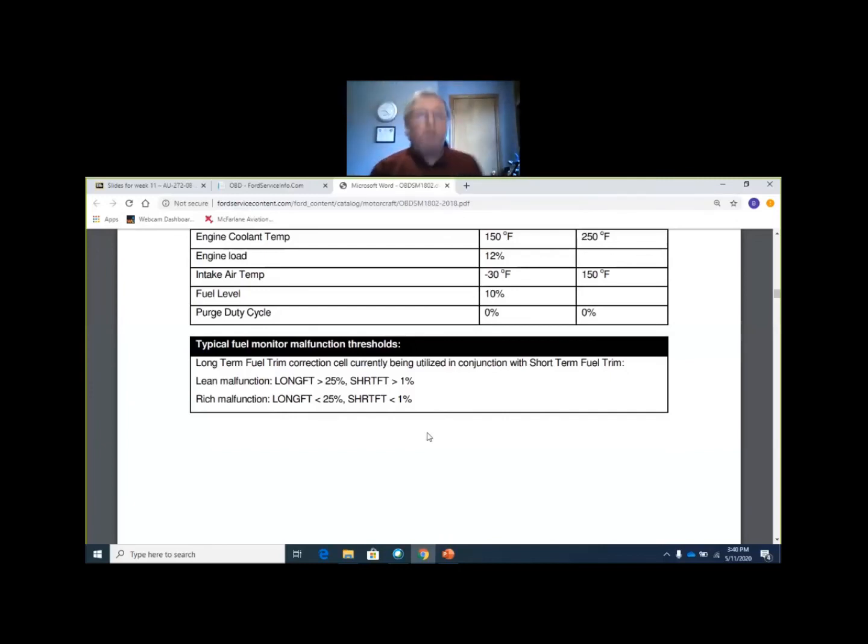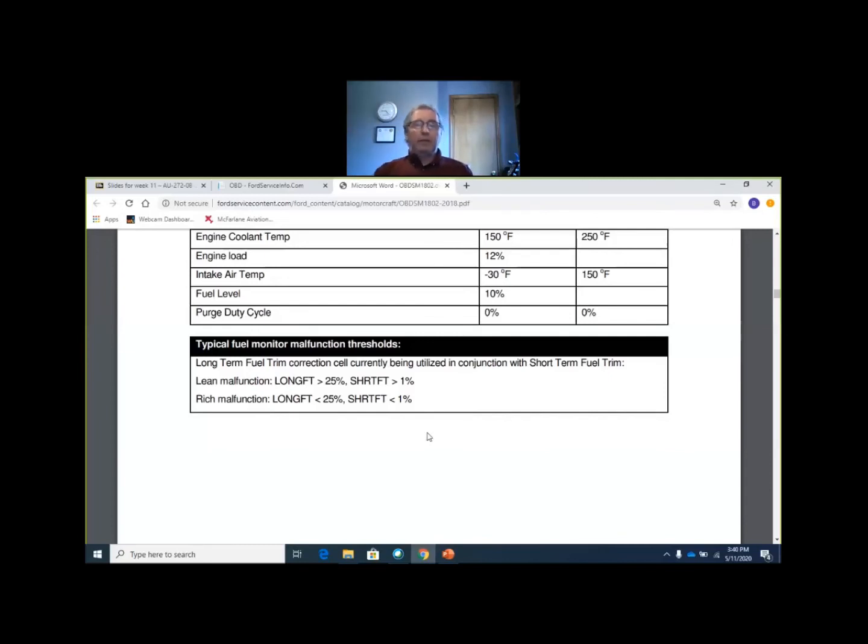As a tech, you should just know that when you see a lean code, P0171, for example, then the problem is the computer has tried to compensate for a lean condition, and it has gone up to something like 25% positive fuel trim and still had a lean condition.